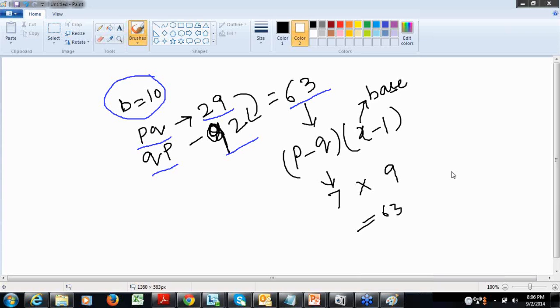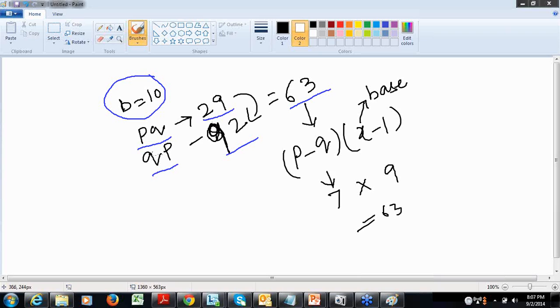Don't remember this formula. This is no formula, it is very simple. If you see the base minus 1, why base minus 1? Because as soon as the base becomes 10, a number is added there. Let the 2-digit number he got, the original sum, be 29.